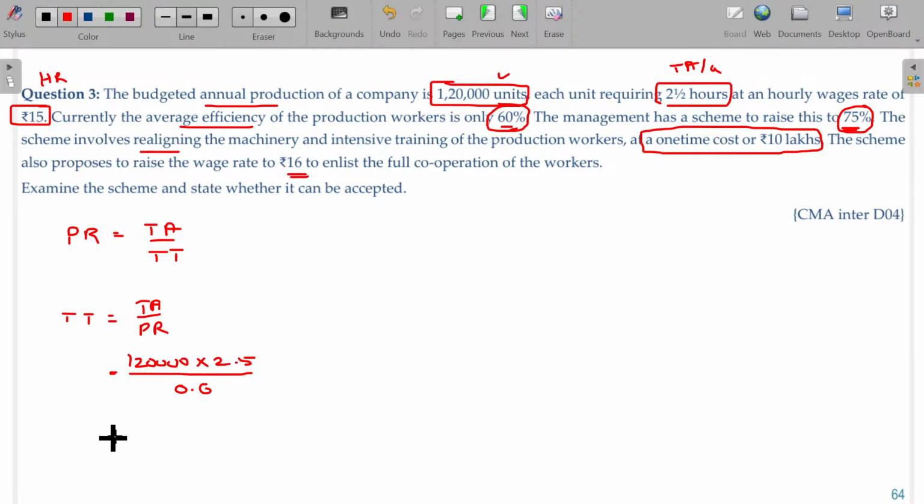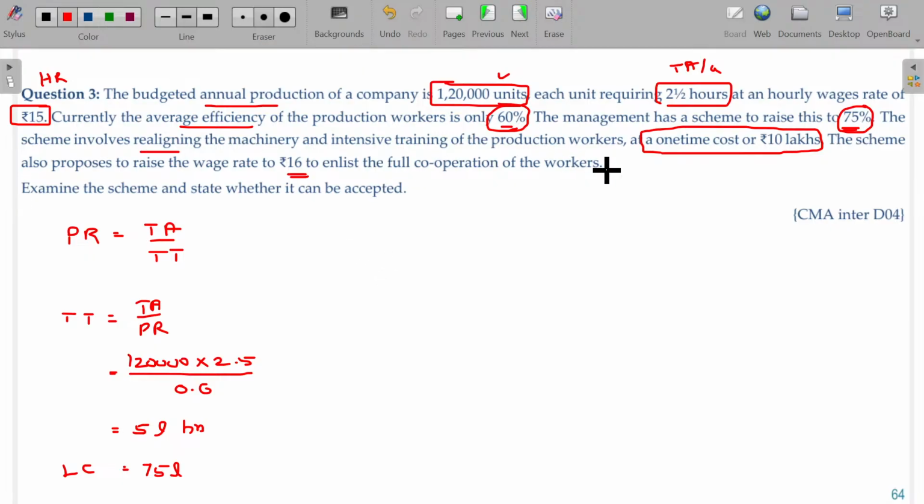Time taken in this case being 5 lakhs hours. And what about the wages payable into 15? What's the overall value? 75 lakhs rupees. Is that okay? This is labor cost.